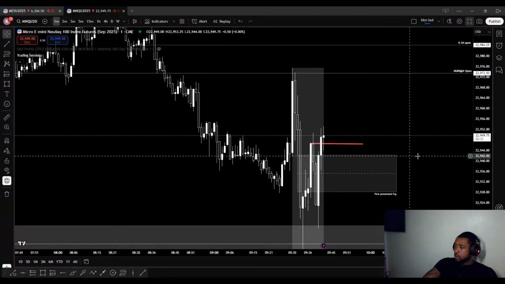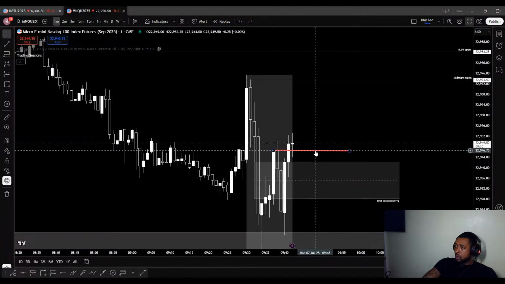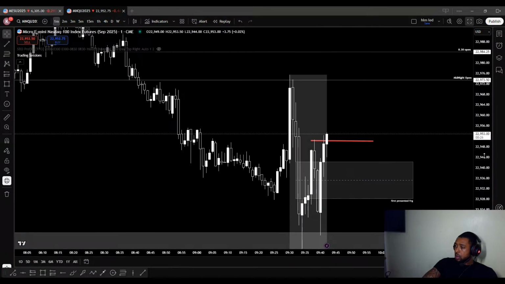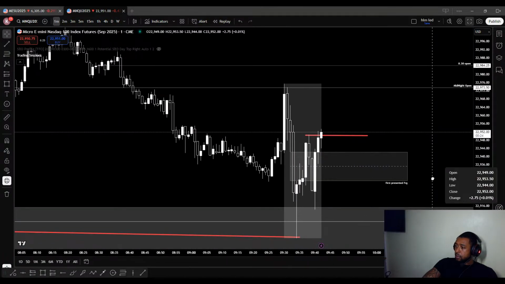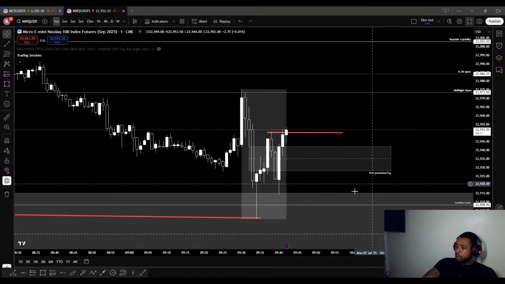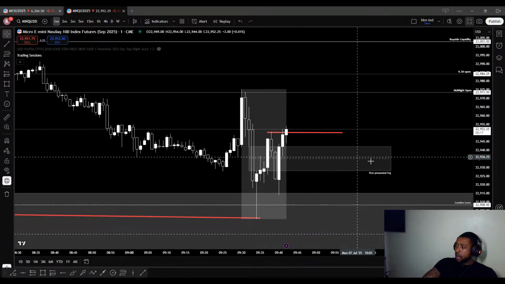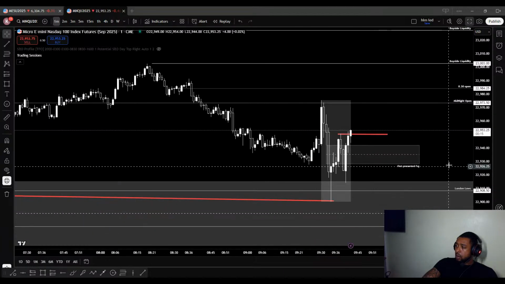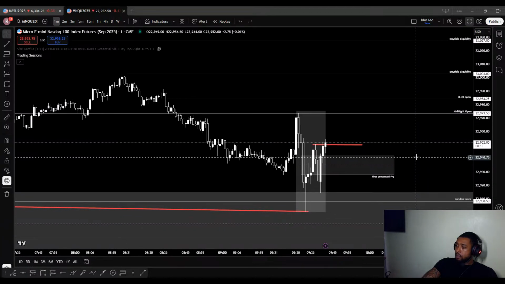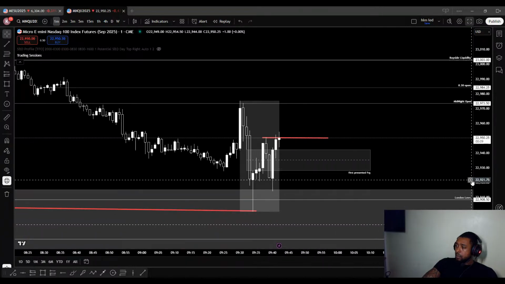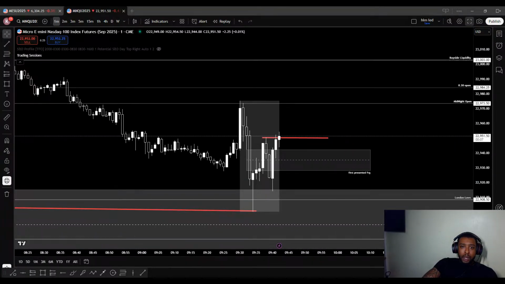I wait for the close. You want to wait for the close above the wick. And there'll be a mitigation. We got a low, high, higher low, higher high. I like this play right here.